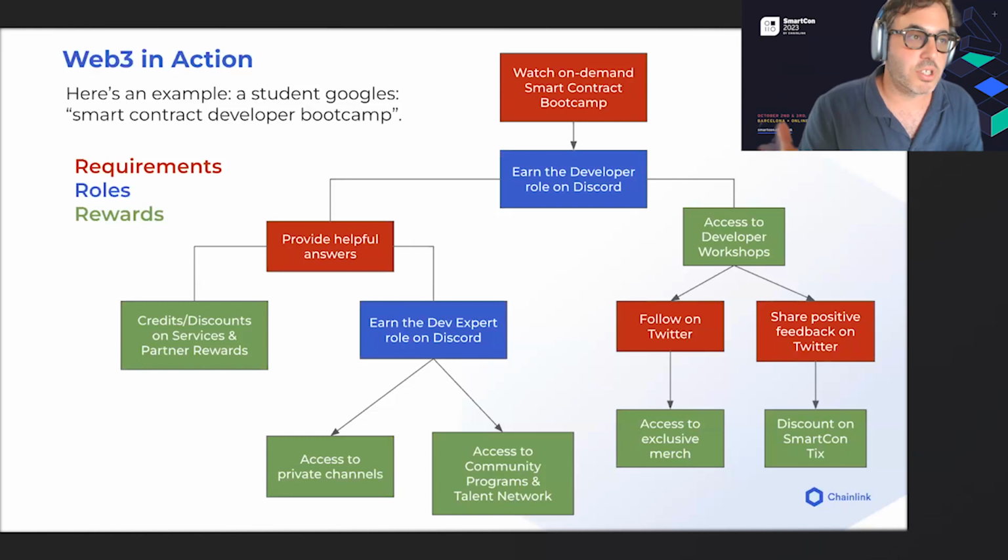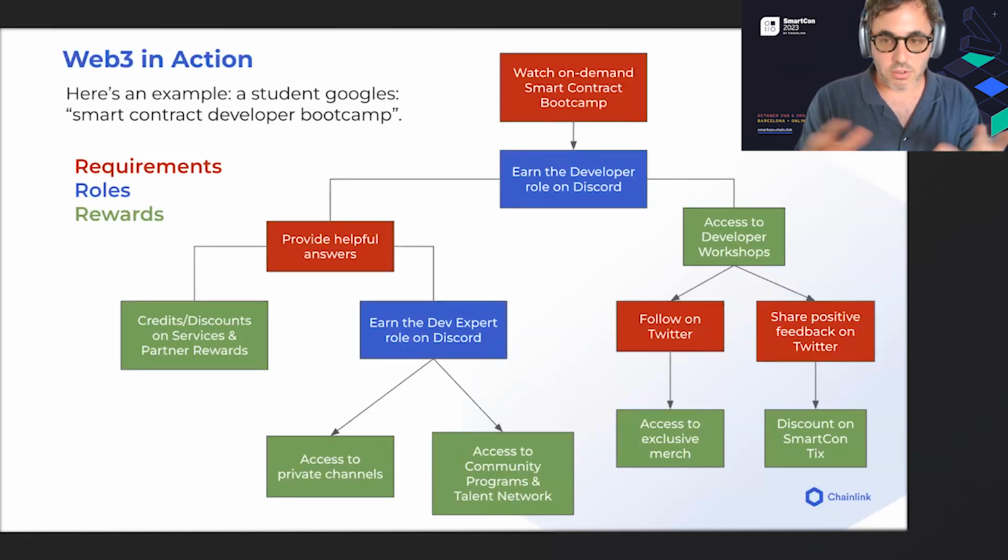Maybe we'll put their project in front of a VC and they can get funding that way. This is a lot better than getting karma on Reddit for having a cool answer. And again, I really like it because it's globally inclusive, it's automated, and it's pretty seamless.